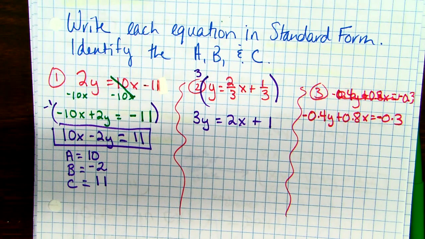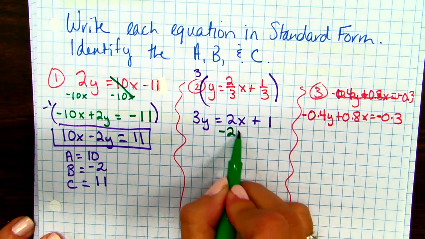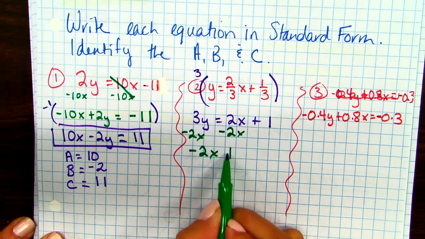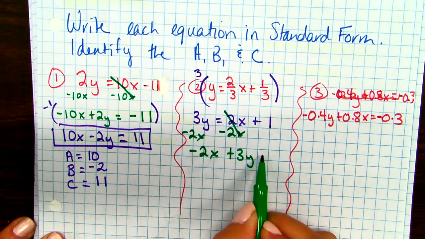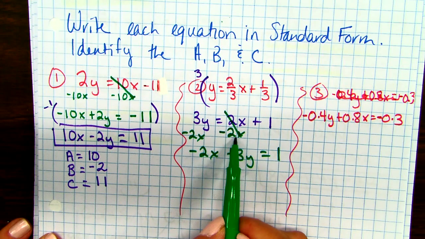Great. Now we have to put it in the right order. Again, who's out of line? Who's our troublemaker? X. Yeah, got to move them over. You're just putting him in the right order. Because it was positive, I had to subtract it to move it.